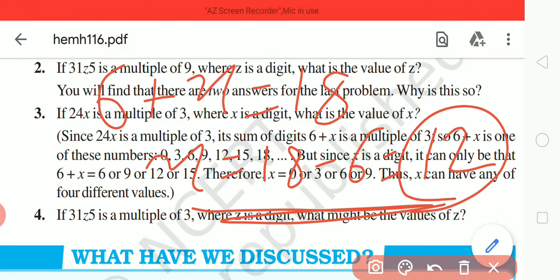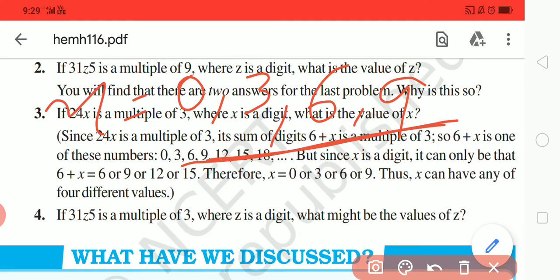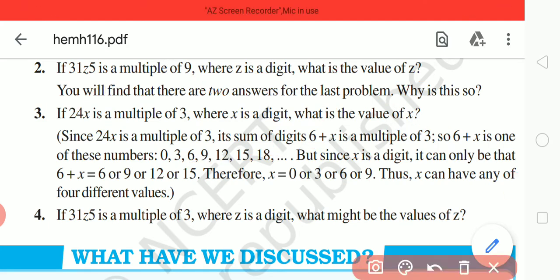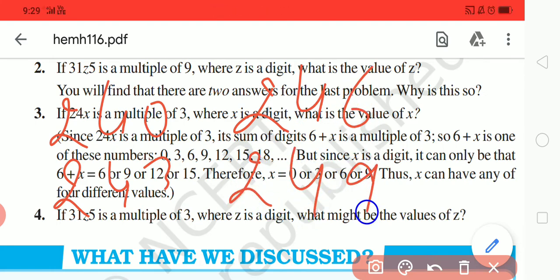So the possible values of x are 0, 3, 6 and 9, all can be possible, right? So the numbers so formed are 240, 243, 246, 249, right? All are divisible by 3.